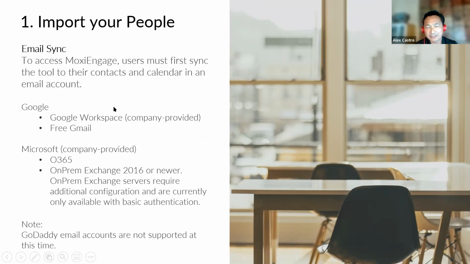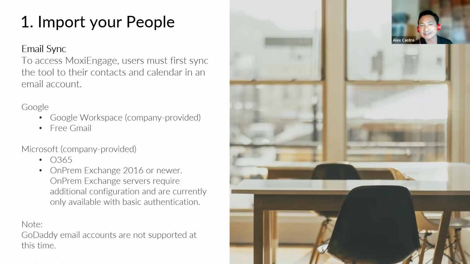Email sync, okay, just so everybody understands, right? To access MoxiEngage, you must first synchronize the tool to your contacts and your calendar through an email account, okay? Some of you in the first phase of early access, you accessed Moxie Present, Moxie Impress.